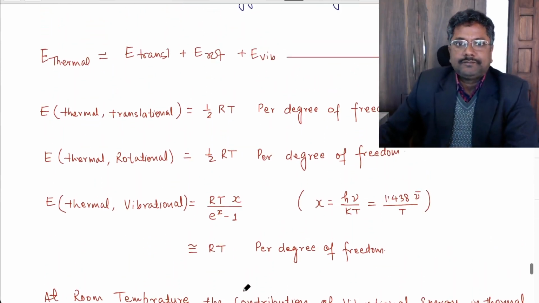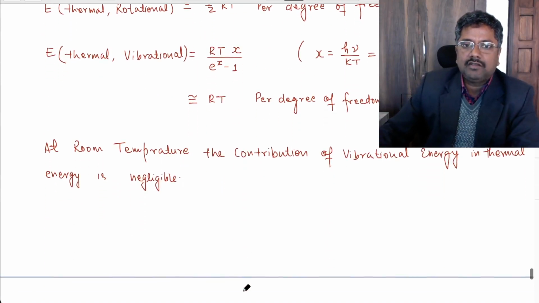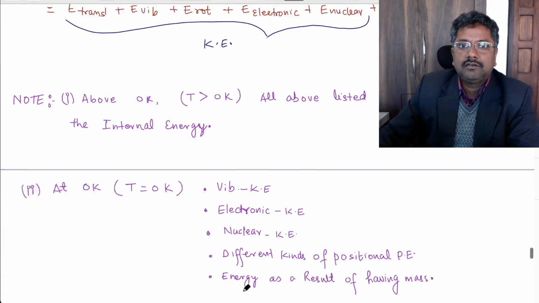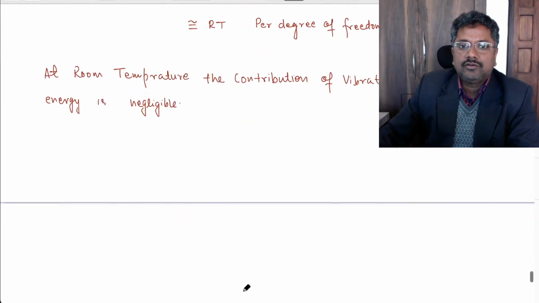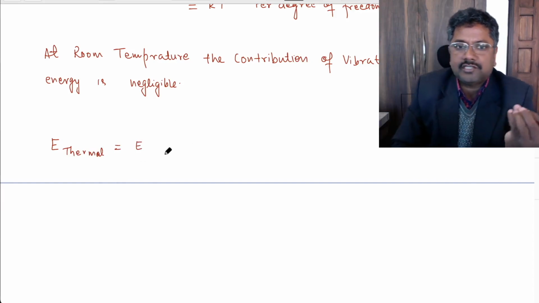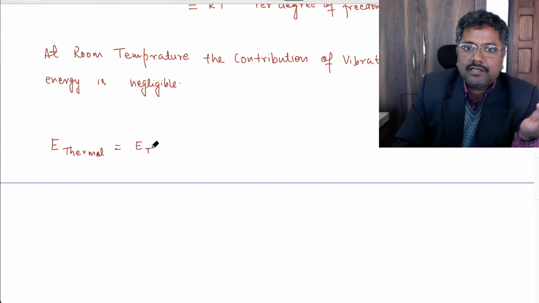So now see E thermal, what I have written. We can define the E thermal is equal to energy of whole system at T Kelvin minus energy of system at 0 Kelvin.